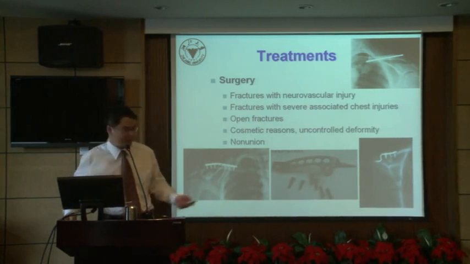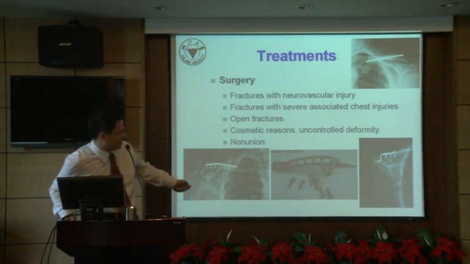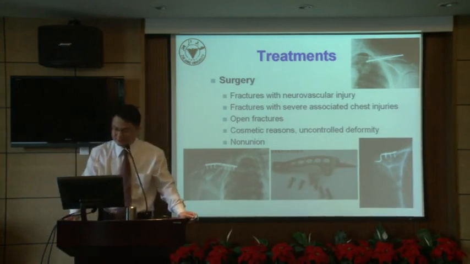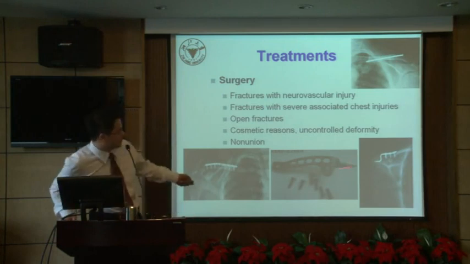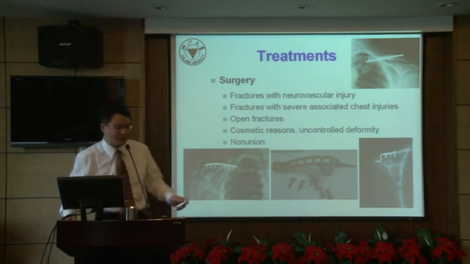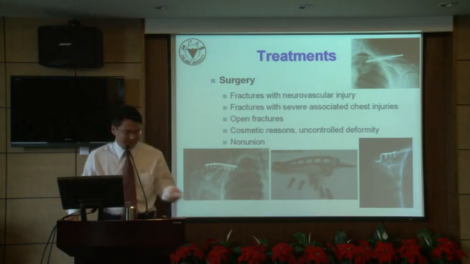This is a half plate and half hook system. And actually, now this clavicle hook is not so commonly used, as this hook will potentially produce some complications or pains.